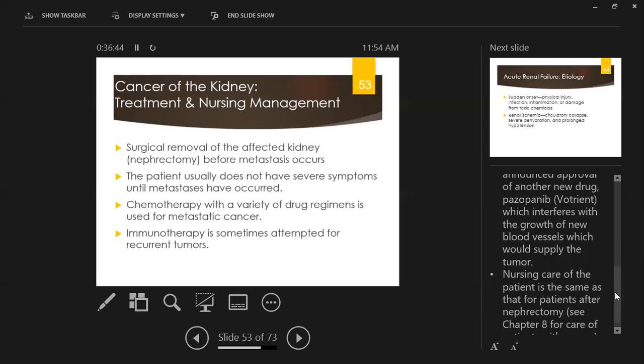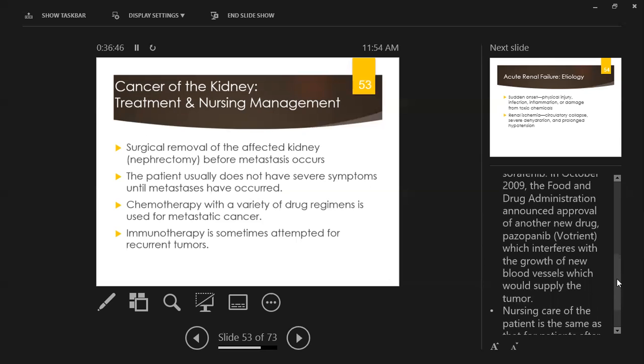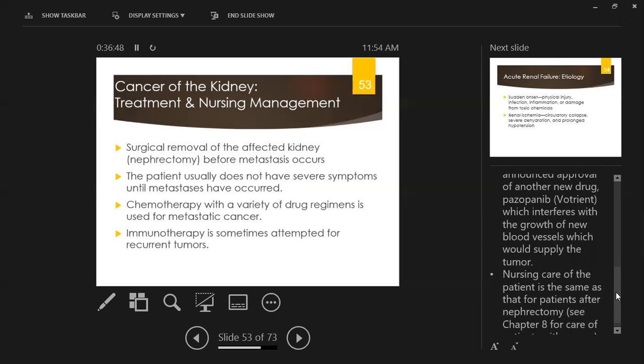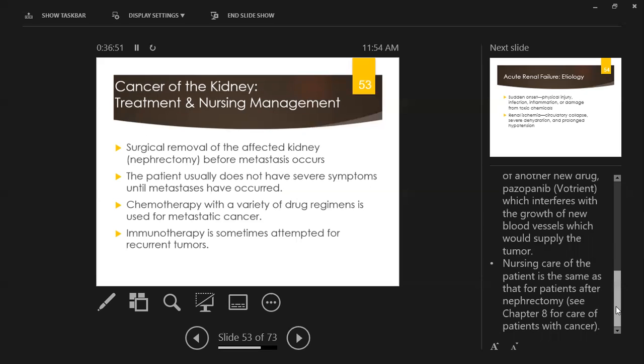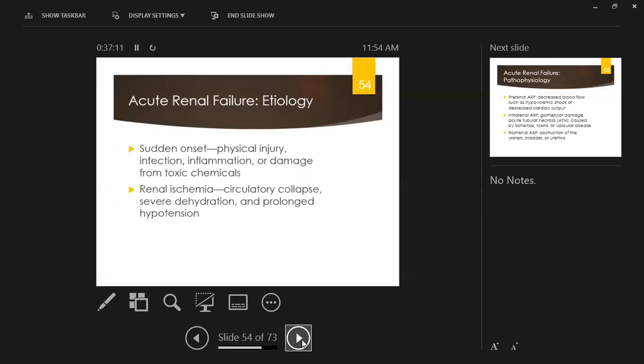And lastly, there's this brand new drug called Votrient, which interferes with the growth of new blood vessels, which supply that tumor with blood and glucose, etc. So that is cool as well. We also can put these patients on immunotherapy to prevent recurrent tumors. Nursing care of the patient is the same for patients that have had a nephrectomy. We just want to monitor them for pain and signs and symptoms of infection and bleeding.